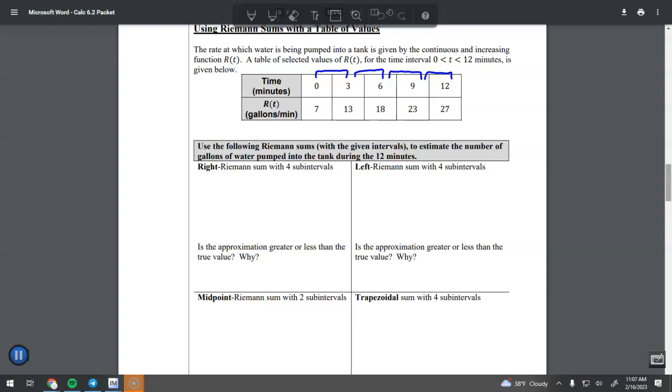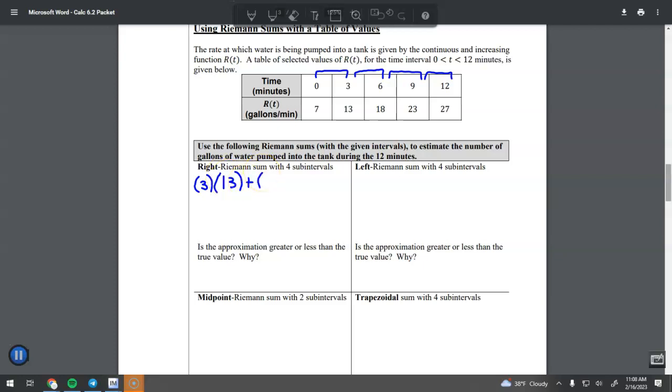If I took the derivative of gallons per minute, what would I get? Gallons per minute squared. Okay. So I got my 4 subintervals. Does that make sense how I got 4 rectangles there? What's the base of this first rectangle? Base is 3. The height of that rectangle, looking at 0 and 3, which one's on the right? The 3, so what's the height? 13.